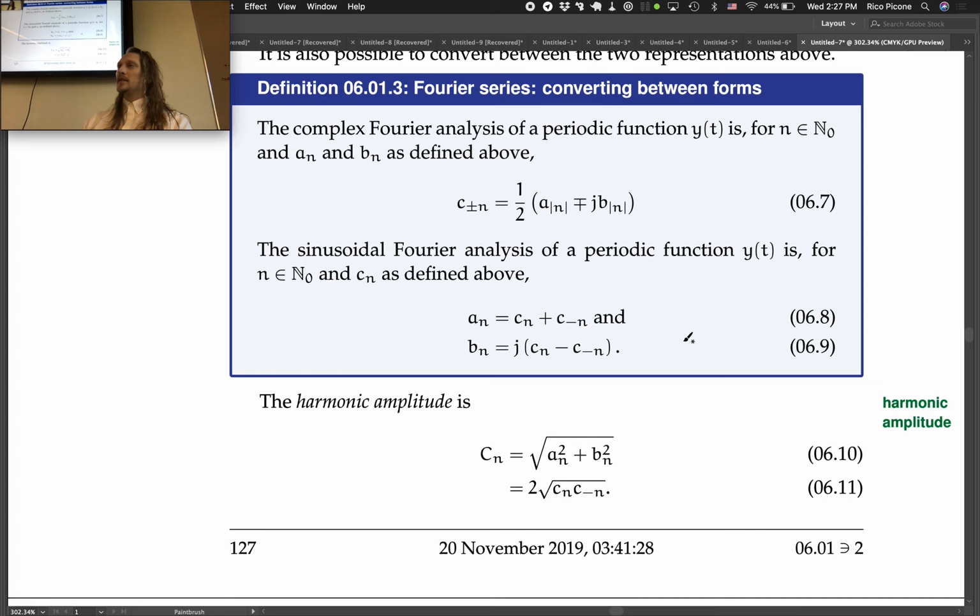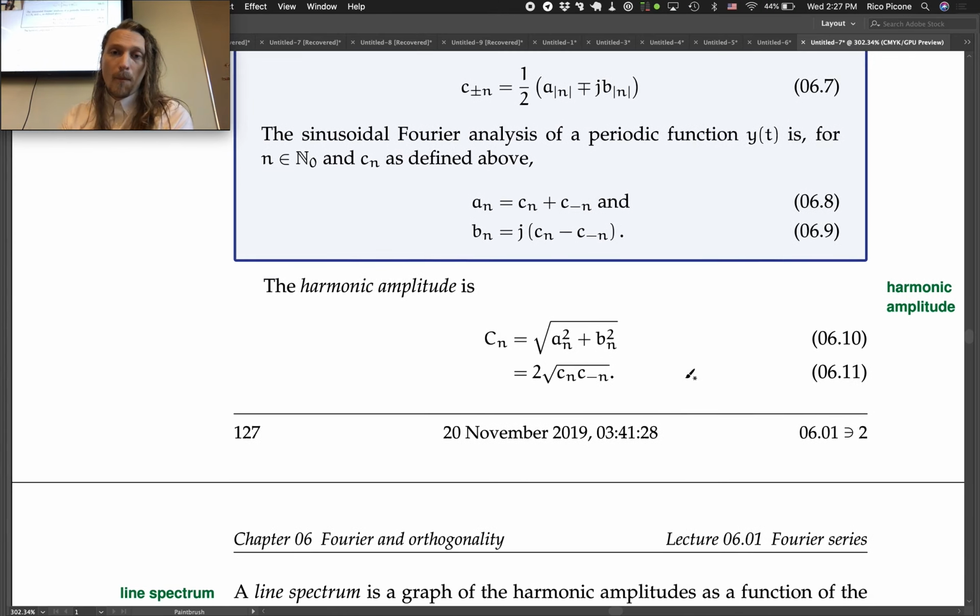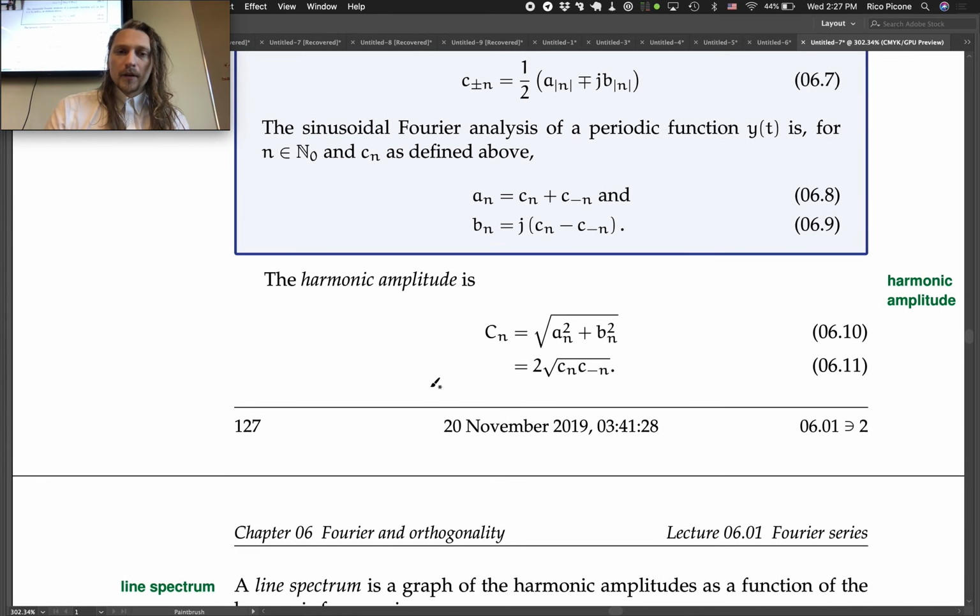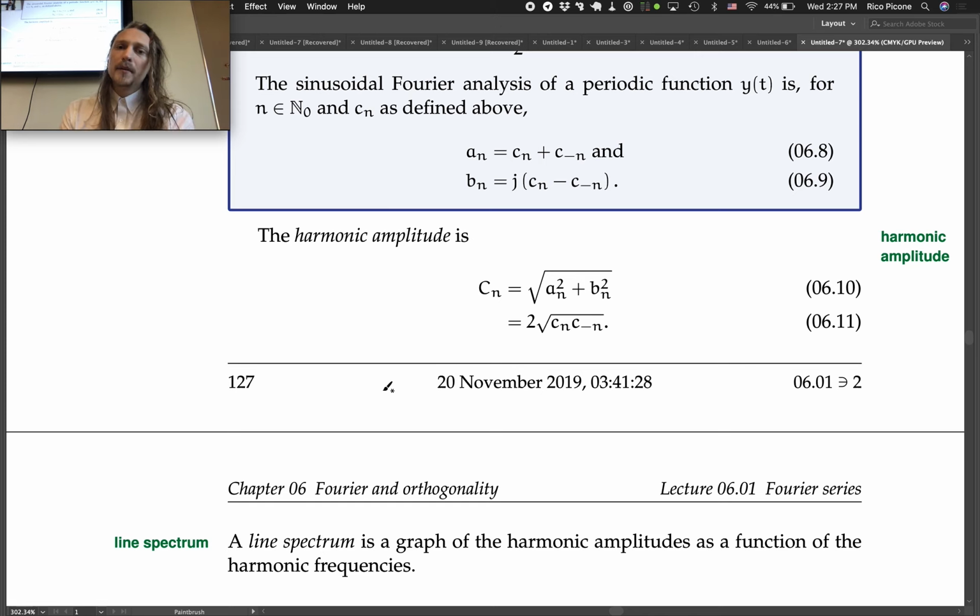So they have to sum to 0. Yeah. Very good. The harmonic amplitude is given by equations 6.10 and 6.11 for the complex form. For an and bn, it's this root sum square.